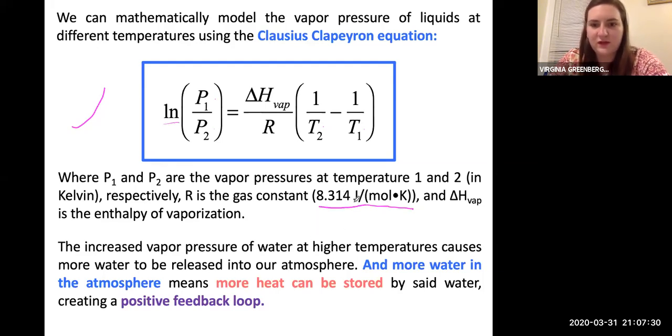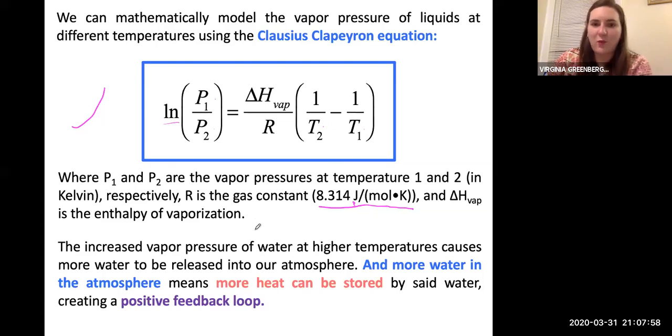We want to think about increasing the kinetic energy of our liquids by adding in heat. And so we would want to keep track of joules. And then we have this delta H of vaporization, which tells us something about the intermolecular forces of a given liquid. So this equation allows us to make predictions about how the pressures change with a given temperature change.